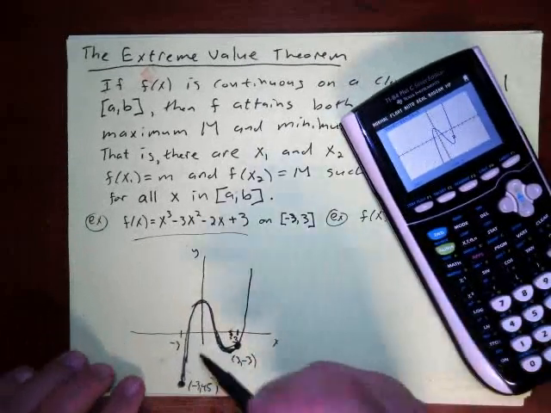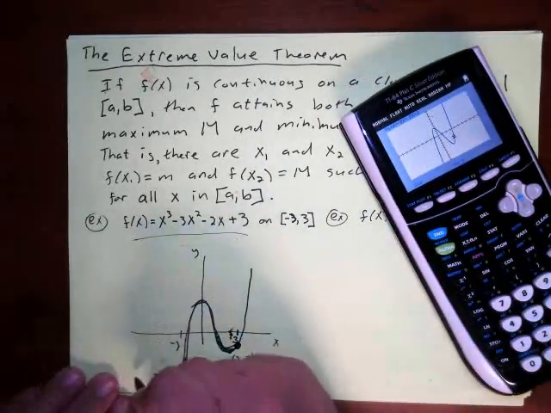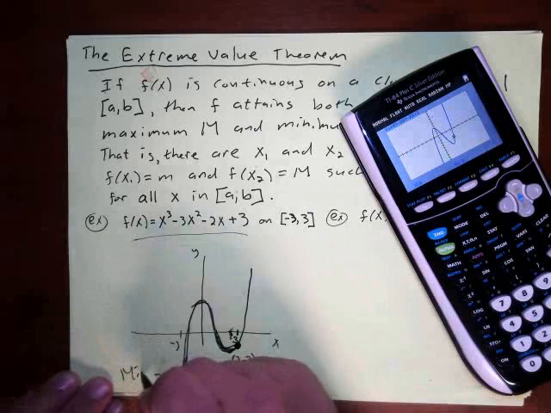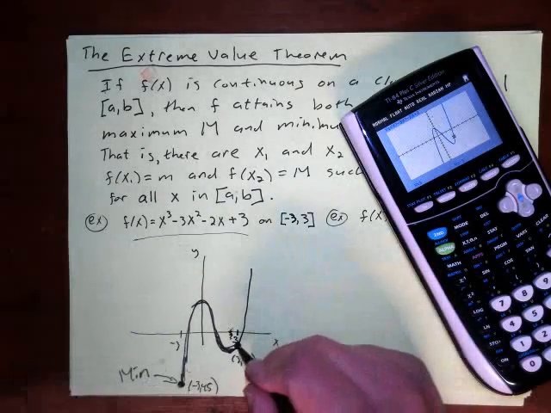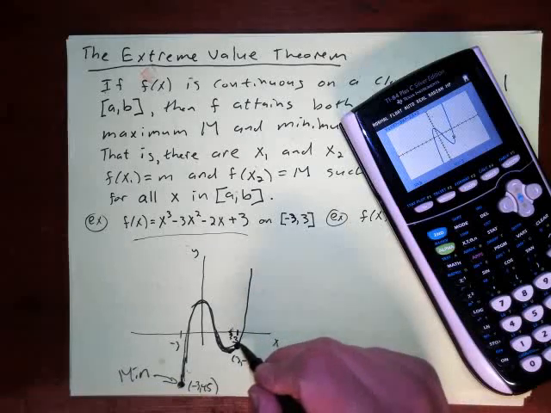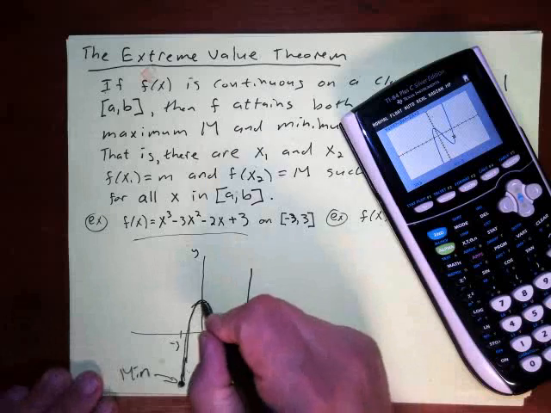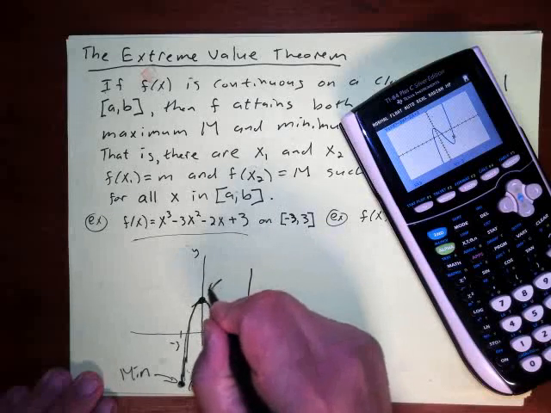So notice it contains an absolute minimum right here, and it's at the endpoint. Now this other endpoint is not an absolute maximum, so the absolute maximum is actually up here.